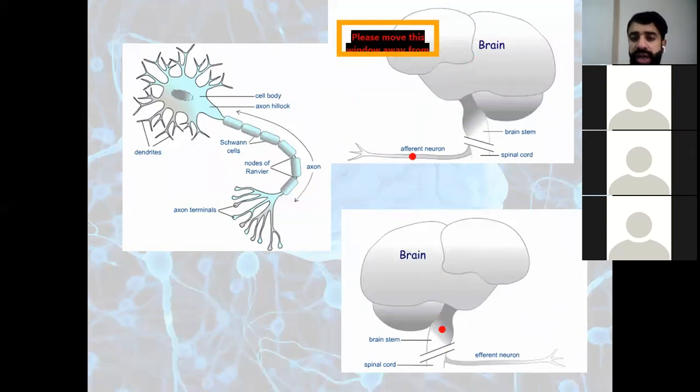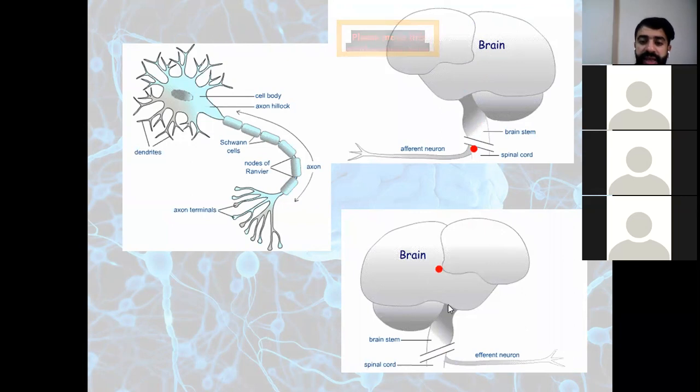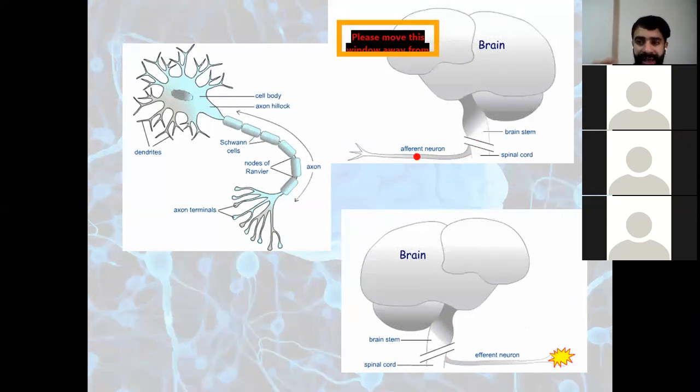The afferent, which is the sensory, carries the message toward the brain, which is the site of integration and analysis of the nervous message, whereas the brain is going to send the message toward the efferent. But here we have a connection between the sensory neuron and the motor neuron. We call it the interneuron or the associative one, which is found in the brain and the spinal cord, etc.